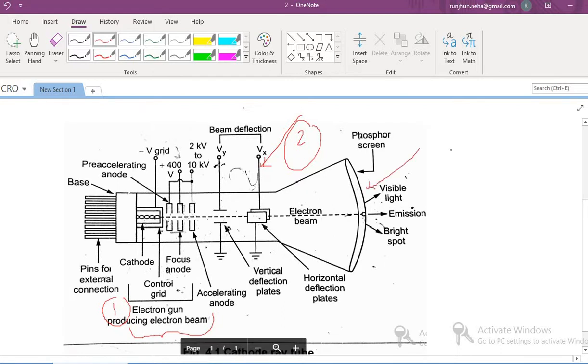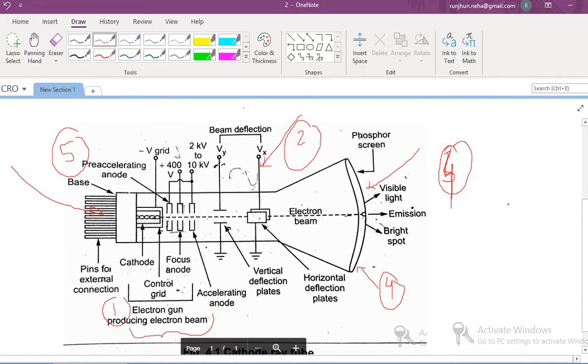The third part is the fluorescent screen that produces a bright visible spot. The fourth one is the glass envelope encompassing all the components of the CRT, and the fifth part is the base provided for the external connection to the various parts.